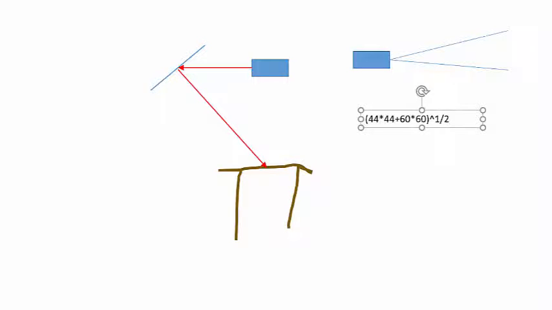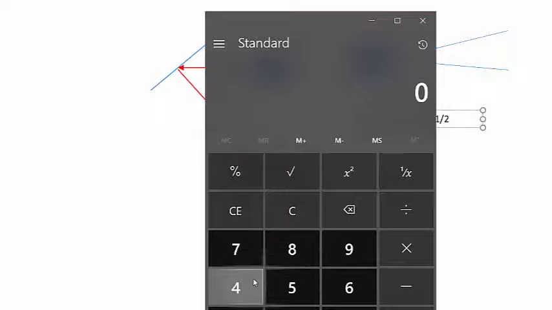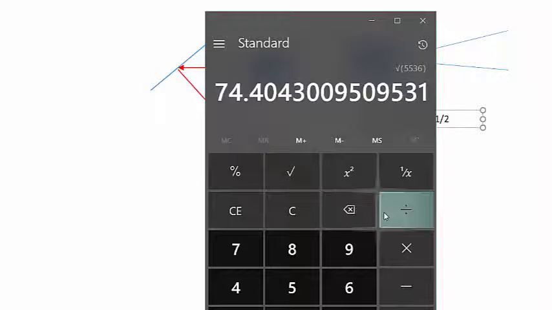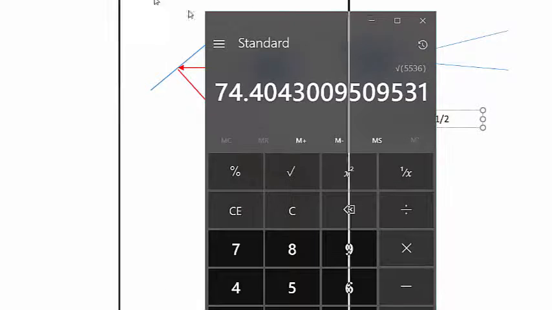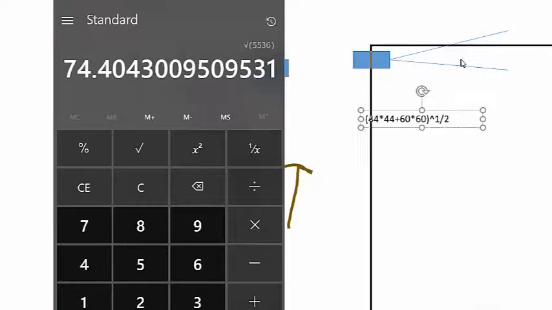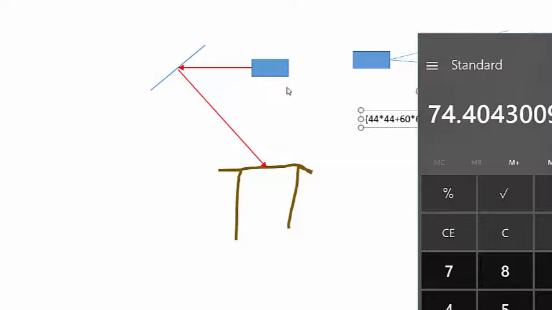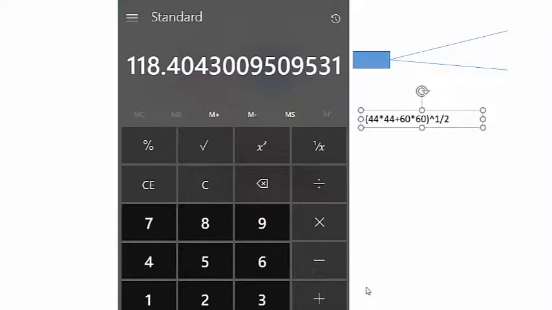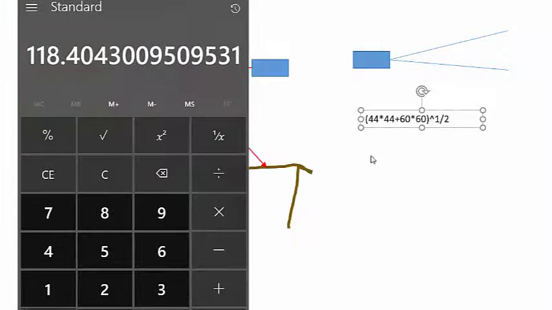We have an x squared button here, nice, and then we have a square root. So 74.4 is the other distance. So instead of the light traveling 60, it's going to go 44.4 plus 74.4. So it's going to go 118.4.